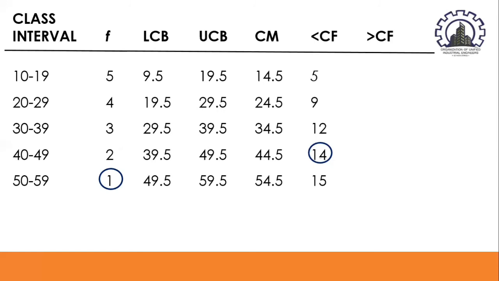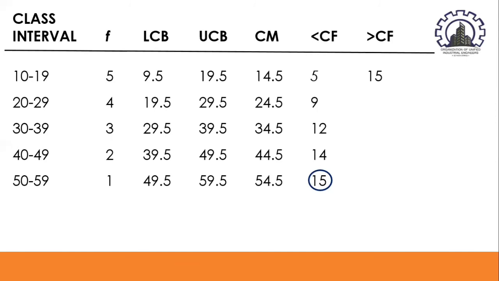And what about getting the value of your greater than CF? Well, in getting the value of greater than CF, as you can see there, you have 15, right? So all you need to do is copy that in your first class interval. That will be your greater than CF for your first class interval.